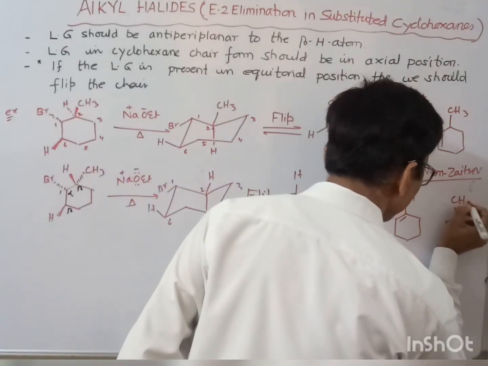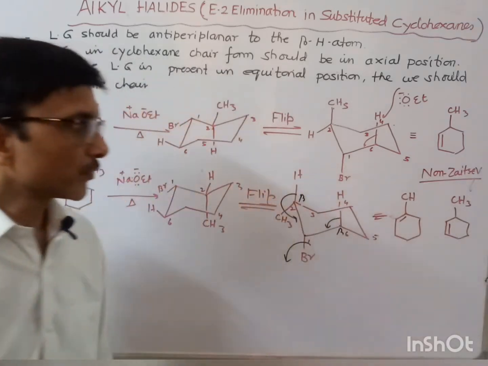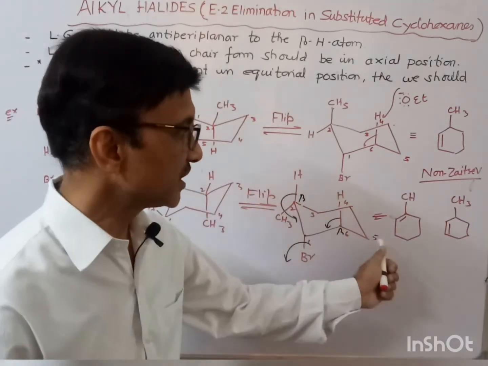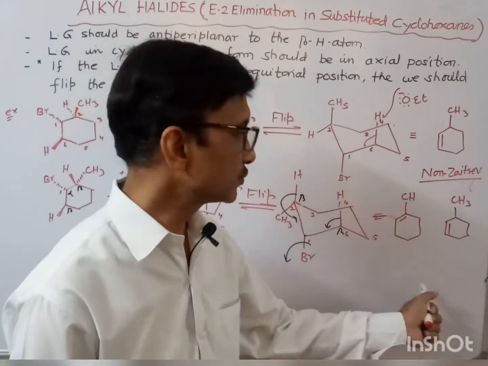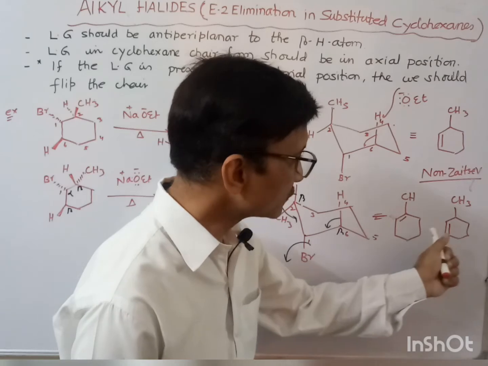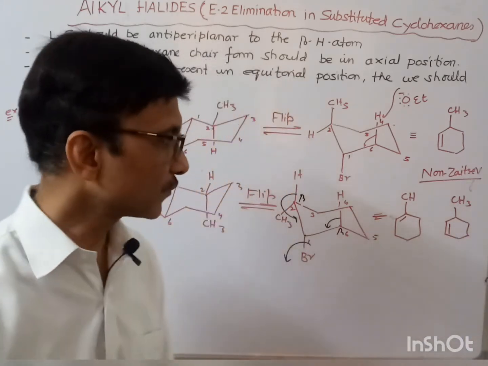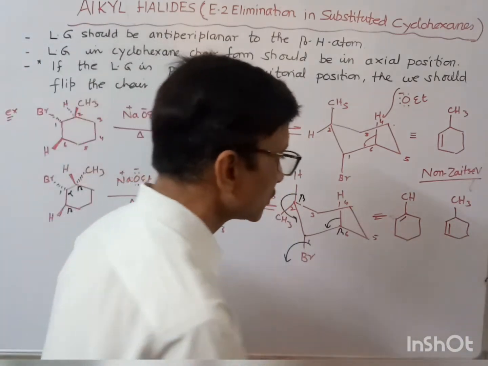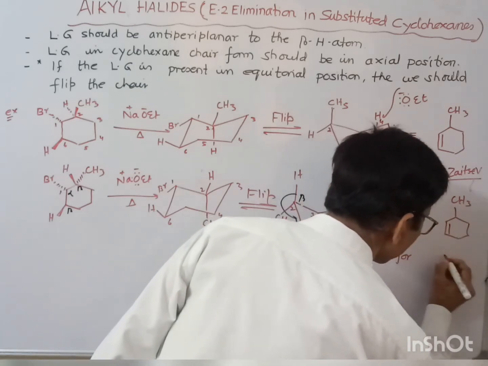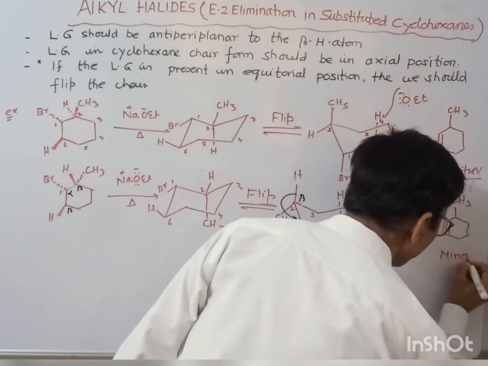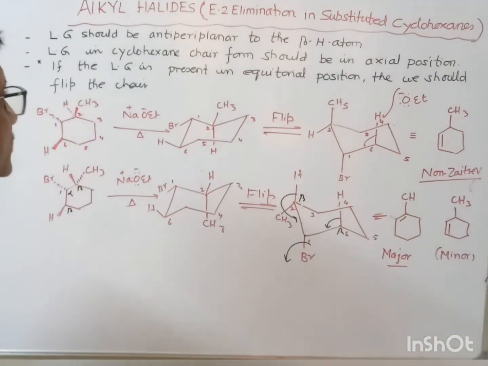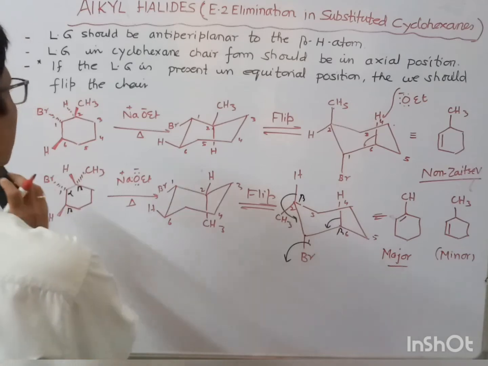Two products are formed, but this is a regioselective example where the Saytzeff as well as the non-Saytzeff product are both formed. This will be the major product and this will be the minor product. Okay, so this is about this one.